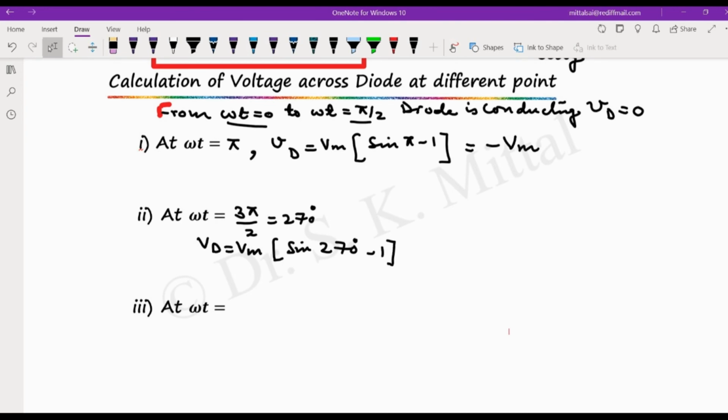And if we put the value of sine 270 degree, it will be minus 1, and therefore Vd is equal to Vm multiplied by minus 1, then again minus 1, then Vd is equal to minus 2 Vm.